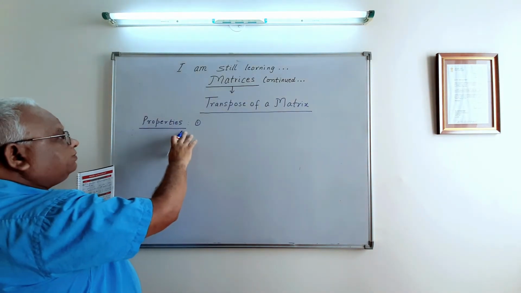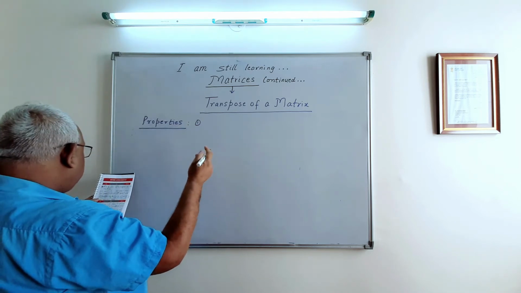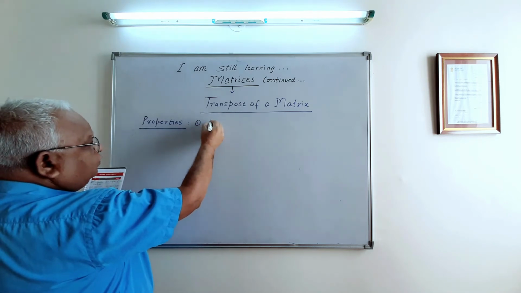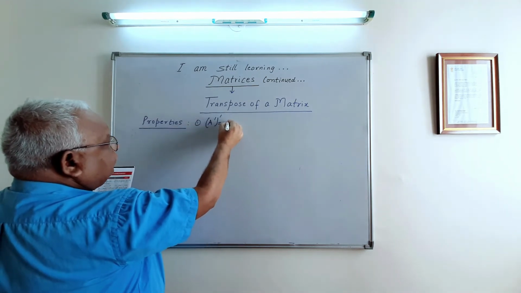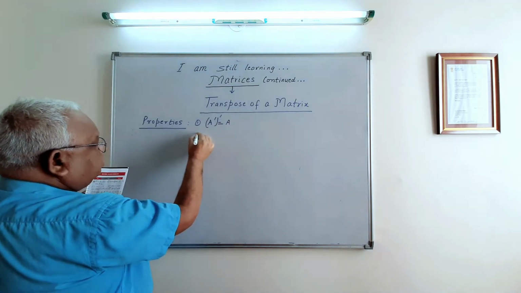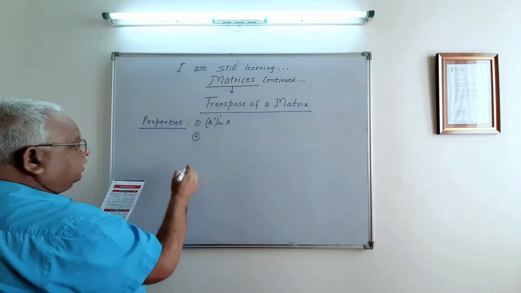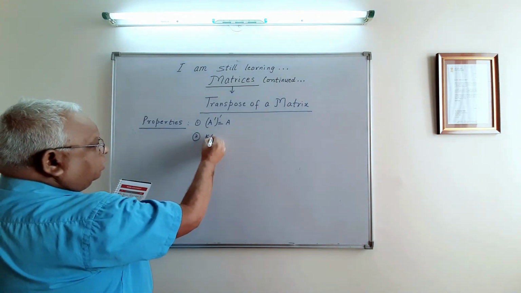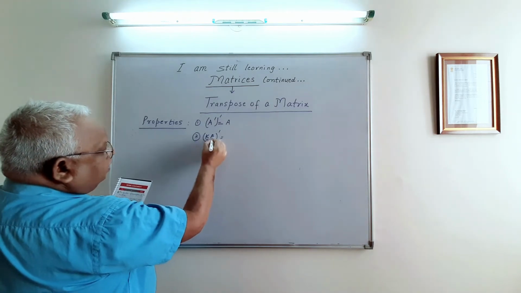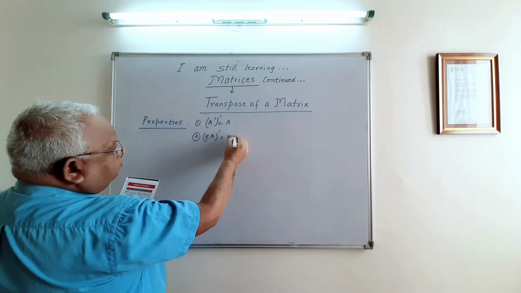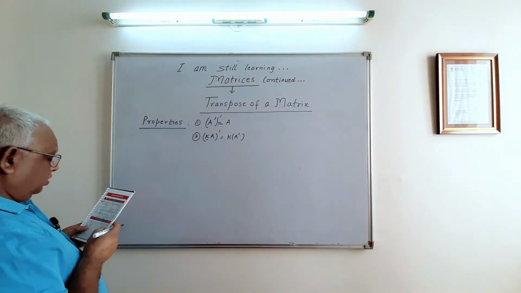And if you understand the properties, you will not get stuck anywhere, and it helps you in learning. So you need to understand: if you take the transpose twice, you will get back the same matrix. The second is, kA transpose, where k is a scalar. This scalar has nothing to do with this; simply you write the transpose and you can write k outside.